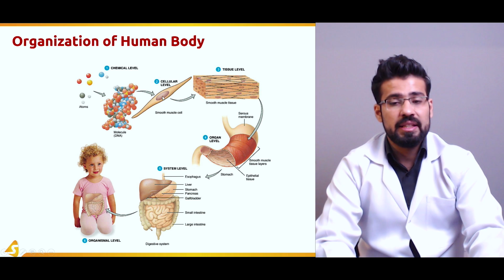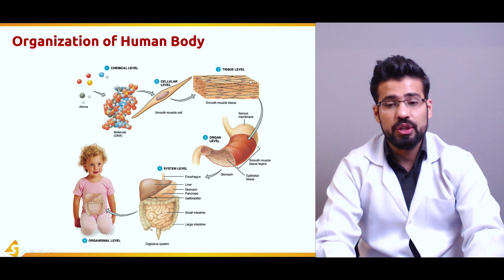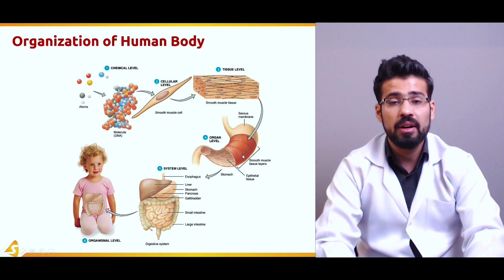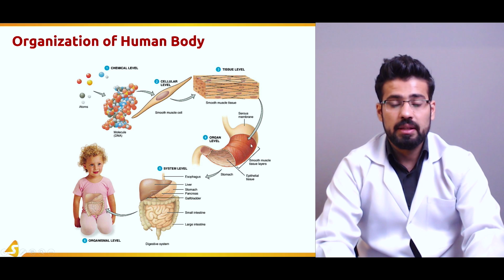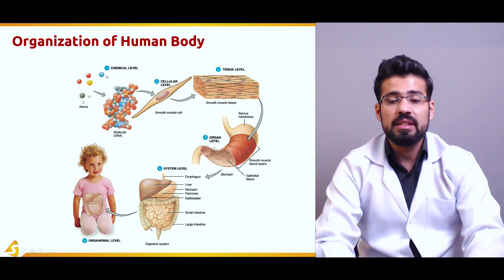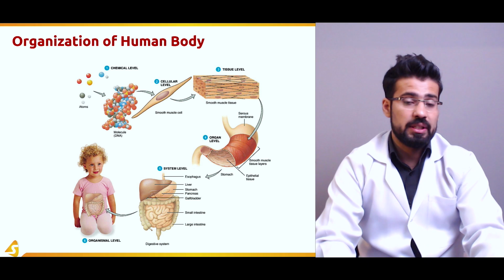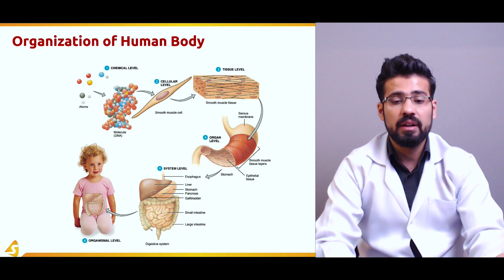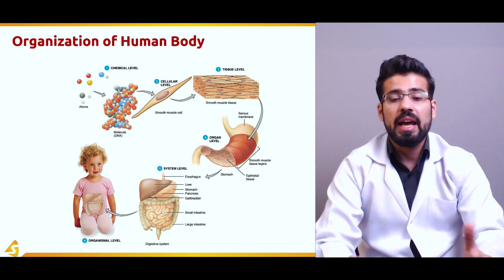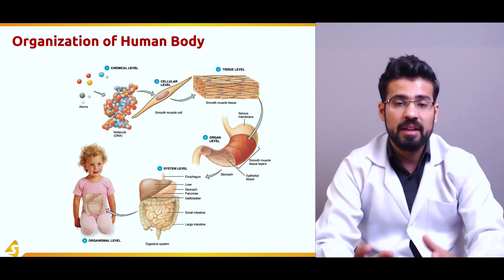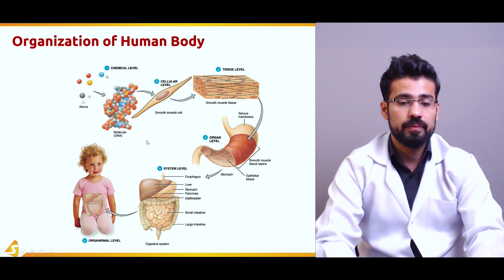Then there is the tissue level, where smooth muscle tissue can be formed, and the organ level, where smooth muscle tissue is present in the stomach, let's say. Then organs combine to form the system level, such as the digestive system, which contains the esophagus, liver, stomach, pancreas, gallbladder, and small and large intestine, and these systems make up the organism.